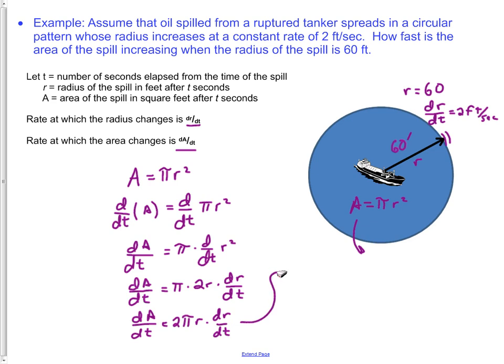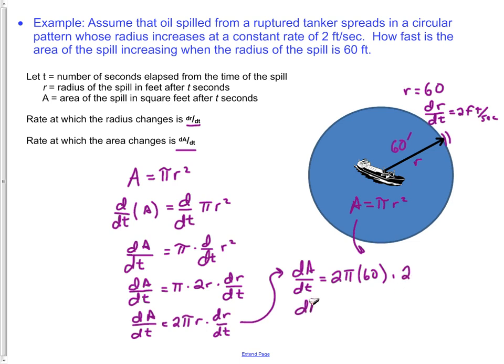So now we might make our substitution and figure out what's going to happen. The rate of change of that area would be equal to 2 times pi times the radius, and we know that's 60 feet, times the rate of change, which is going at 2 feet per second.